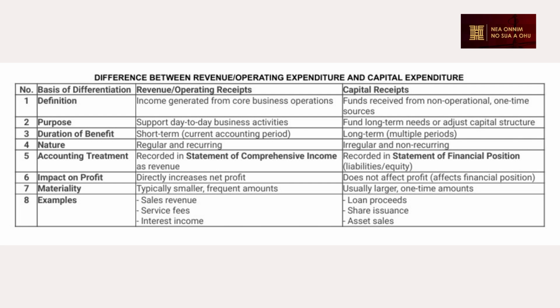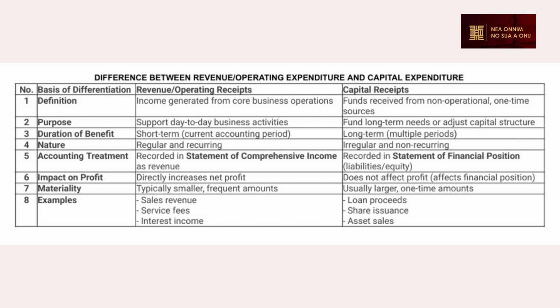Now let's look at the fifth distinguishing element or the differentiating basis, which is the accounting treatment. So revenue or operating receipts are recognized in the statement of comprehensive income as revenue, all right? And so they will typically come into the statement of comprehensive income immediately recognized as revenue.